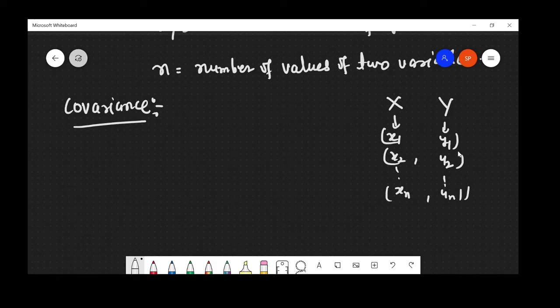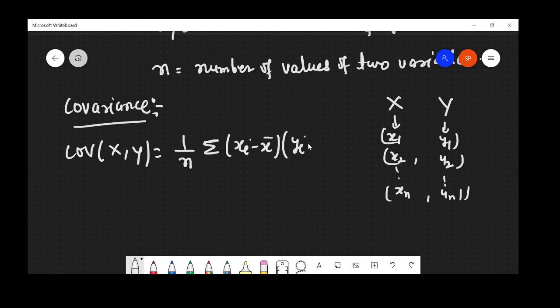Then the covariance between x and y is denoted and defined by covariance of xy is equal to 1 by n summation of xi minus x bar into yi minus y bar, where i lies from 1 to n.